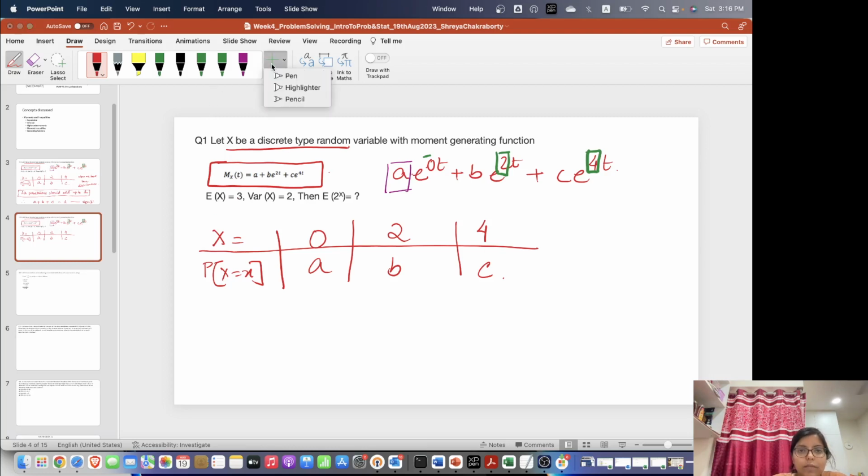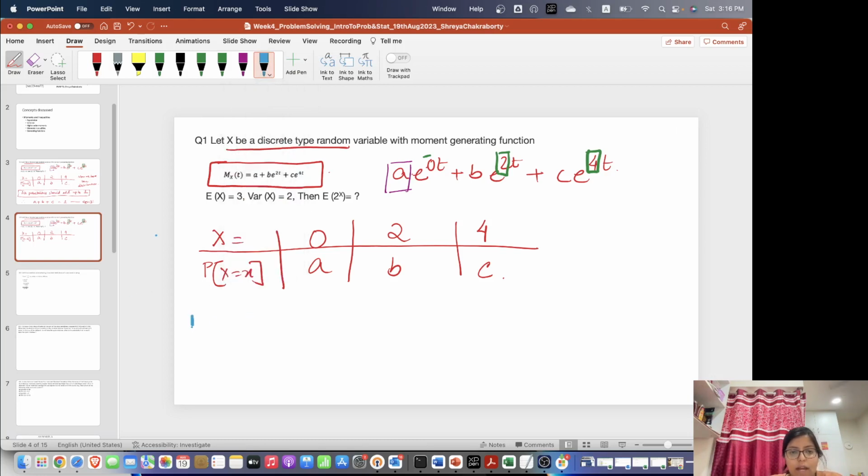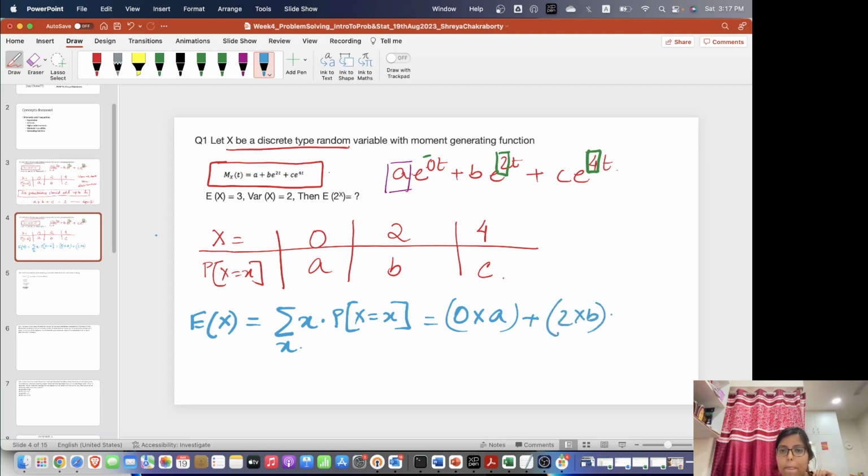So now expectation of x, how will we calculate expectation of x from here? This is summation of x into probability x equal to x over the range of x. So this will be 0 into a, plus 2 into b, plus 4 into c.